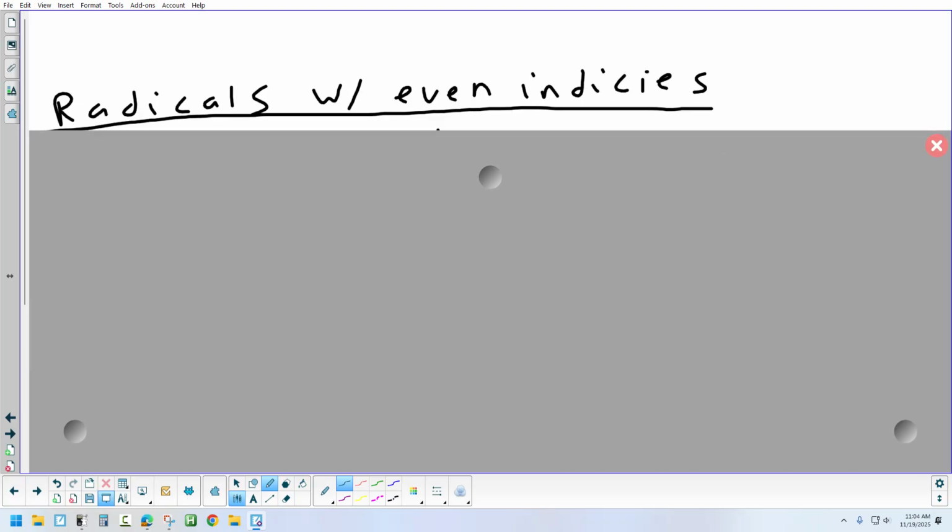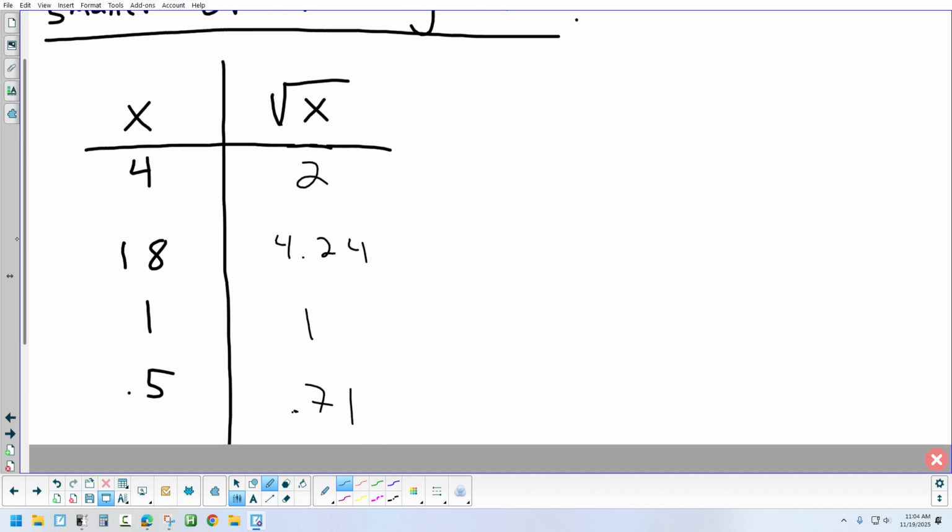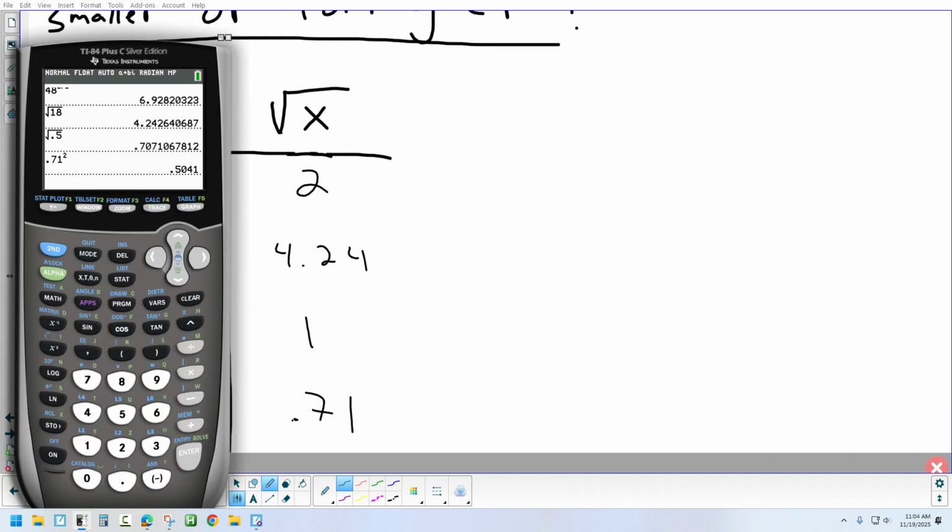All right, let's graph a couple even roots. I'm going to show you how you type them in. So we'll start with square root. And I also want to do fourth root. So the way that you do a fourth root, press 4, press math, and then press option 5.